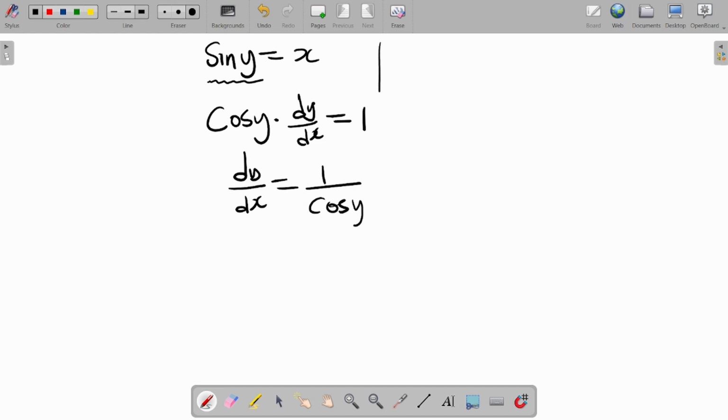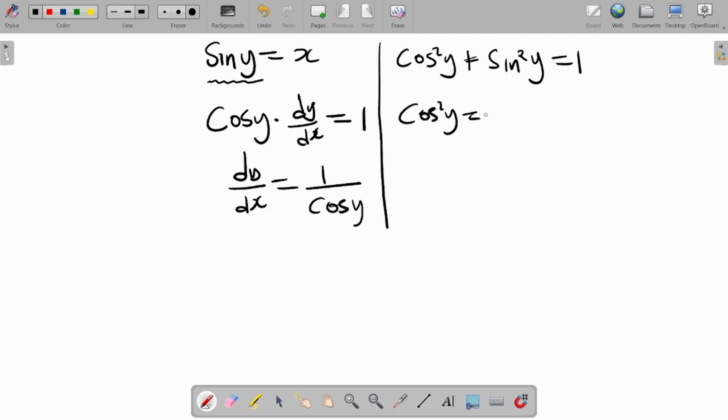But we know that cos squared y plus sine squared y is equal to 1, so we can have cos squared y being equal to 1 minus sine squared y.